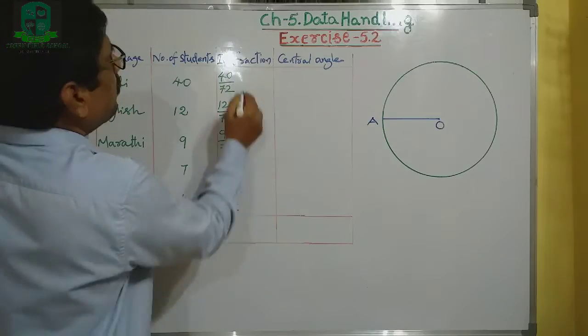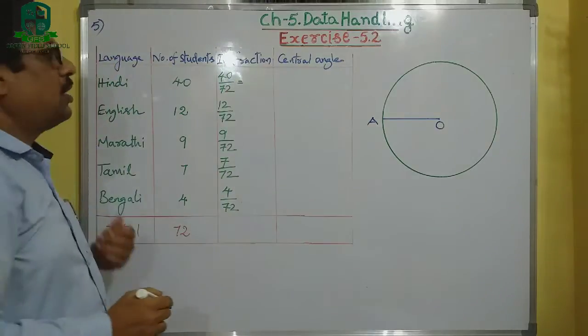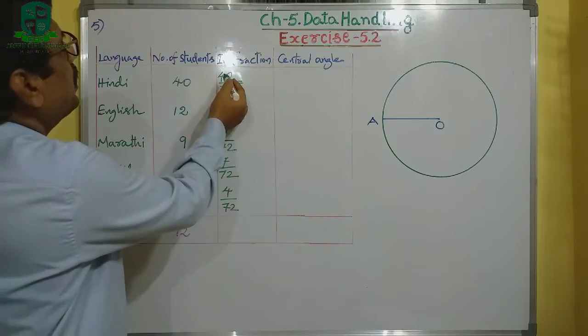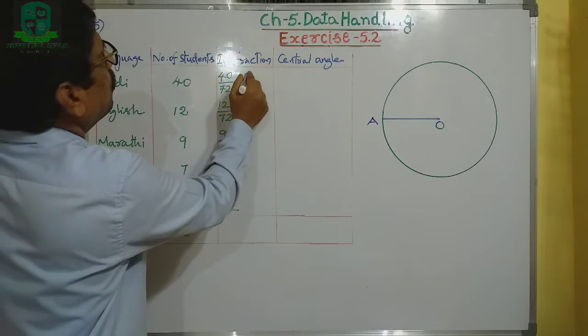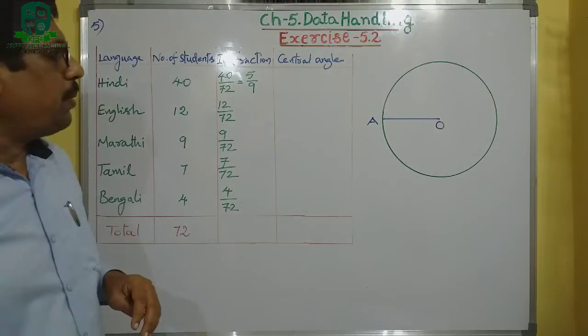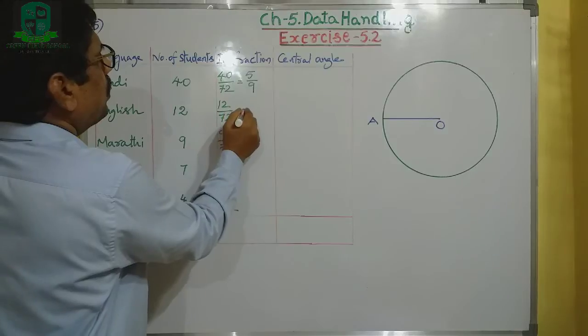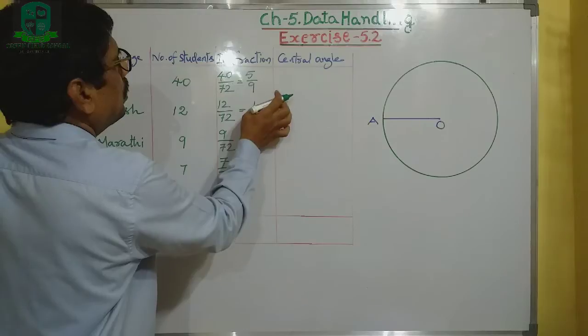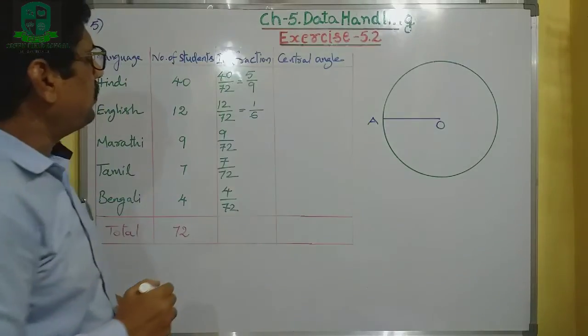Let us simplify if there is any chance. Now, if they have any common factor, let us see. Here, 8 5s are 40, 8 9s are 72. So we get 5 by 9 if we cancel in the 8 table. Here in the 12 table, 12 1s are 12, 12 6s are 72. 1 by 6.